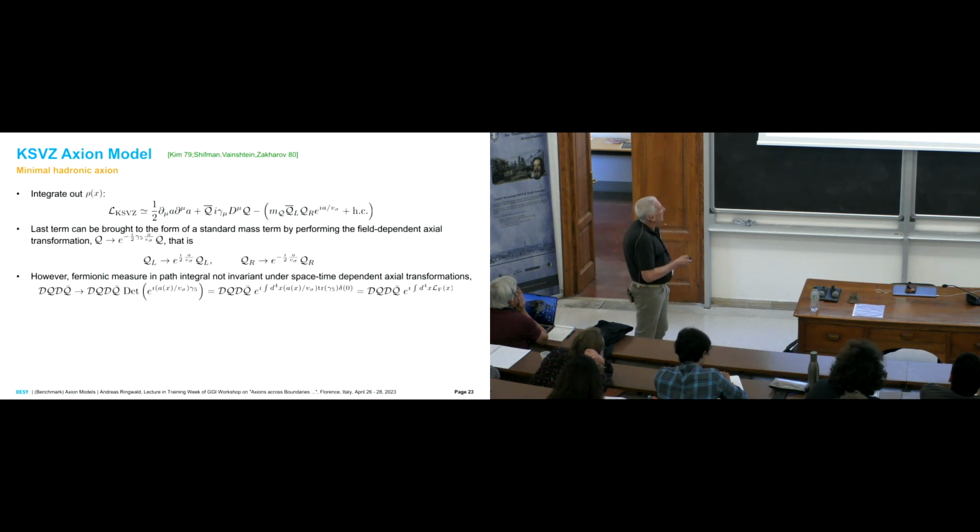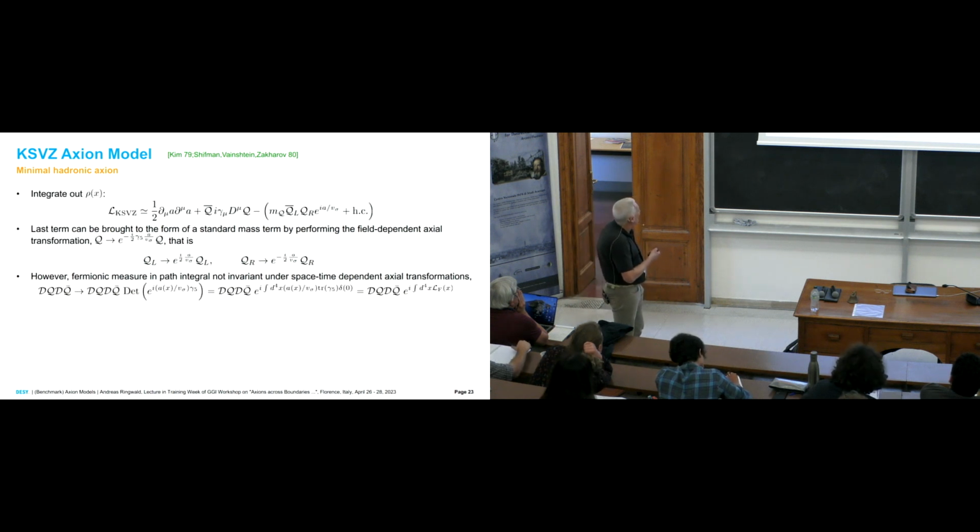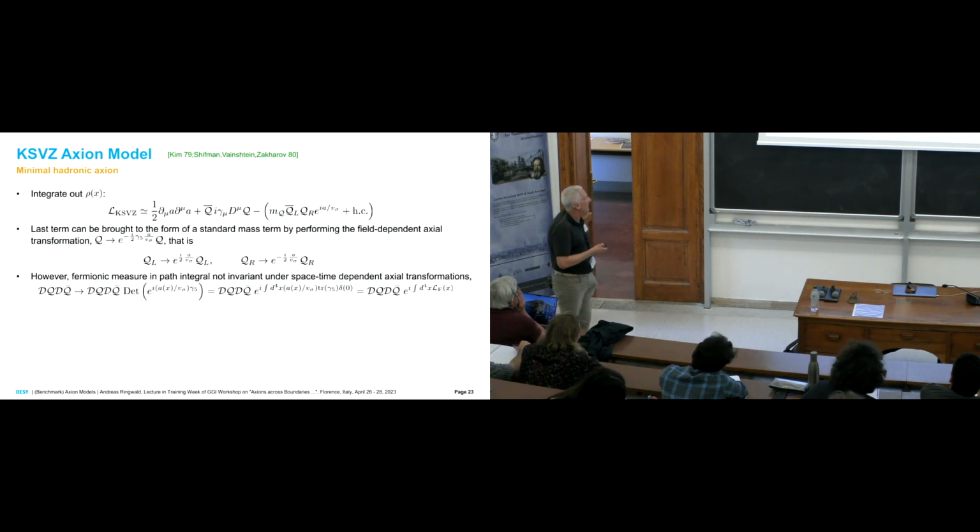And this is nothing else than the so-called Fujikawa factor, or this Fujikawa Lagrangian you get from this non-invariance of the path integral under axial transformations.